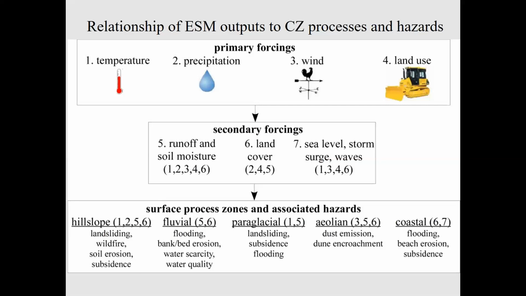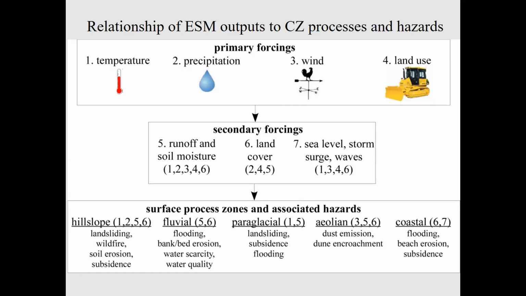And the primary forcings up on top are things that I think Earth system models do quite well, at least at particular spatial and temporal scales. Maybe not at the scales that we might want, but at certain scales, temperature is quite robust across the ensemble of climate models and Earth system models. Precipitation is more uncertain, particularly when you get to things like thunderstorms that may represent sub-grid scale variability within an Earth system model.